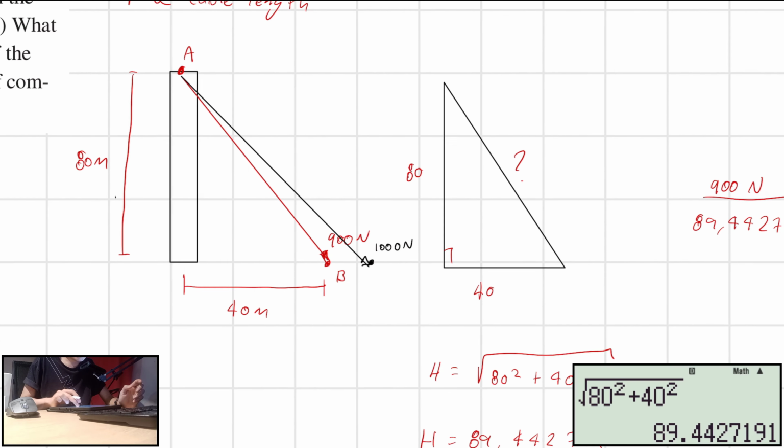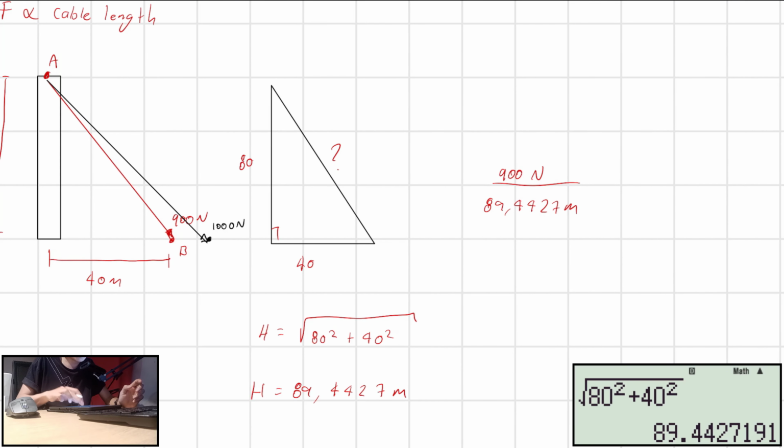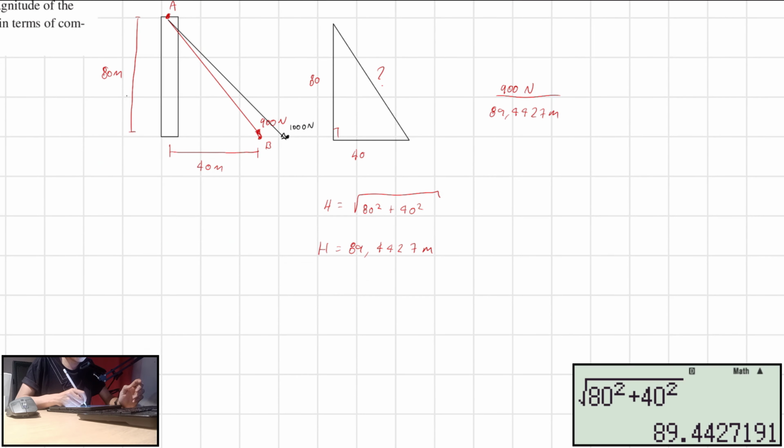So what we're going to do now is that we need a second triangle, which is the new one. Right here we have a force of 1000. Right here I have 80 meters, and this is an unknown that I'm going to call K, for example.